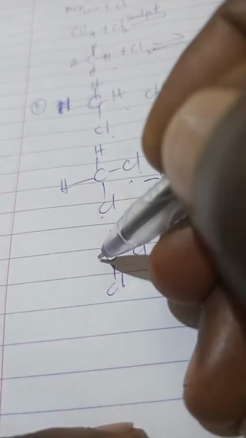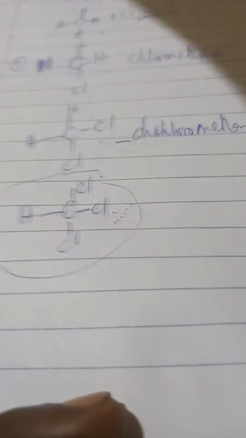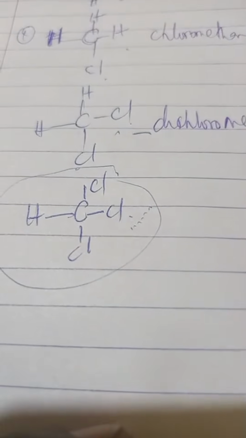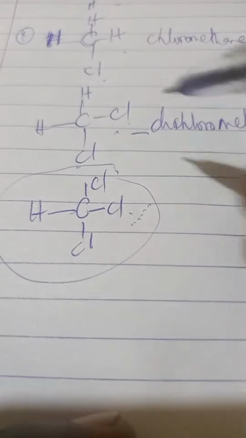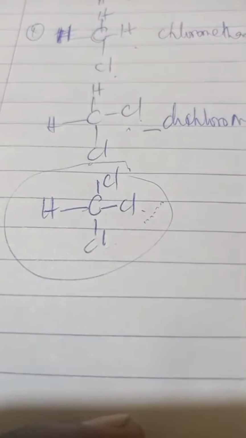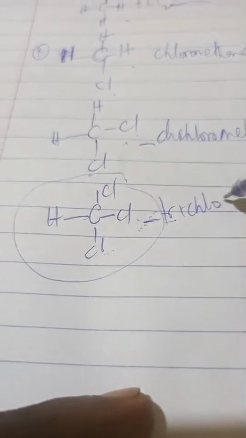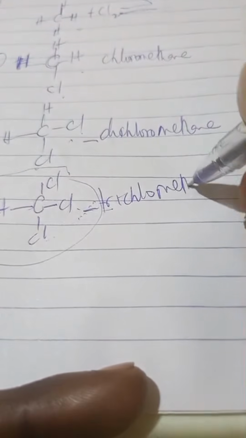Who can tell me the name of this one? 3 chlorine like this. What's the name? This one will be called trichloromethane.